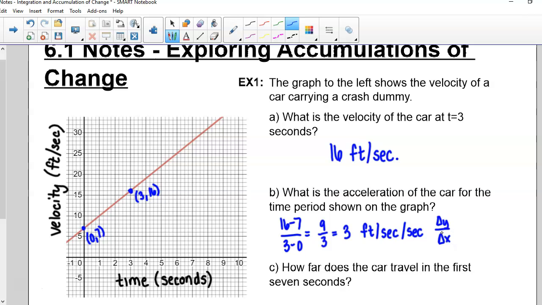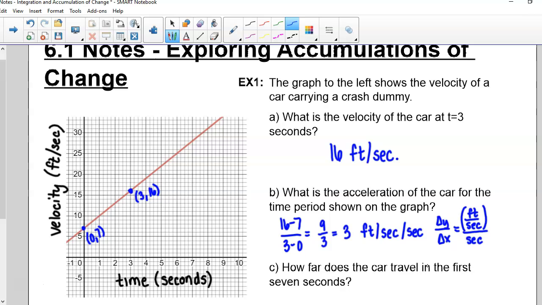The units for y, on the y-axis, are feet per second, and the units for x are seconds.